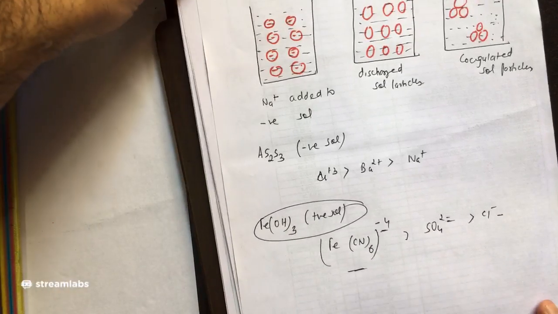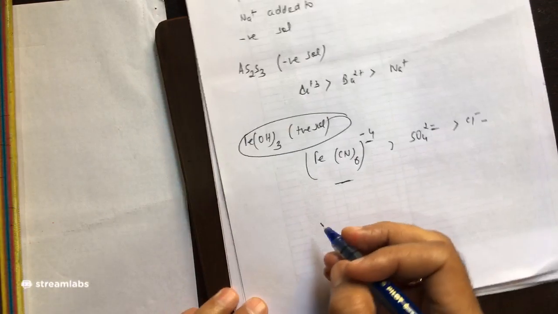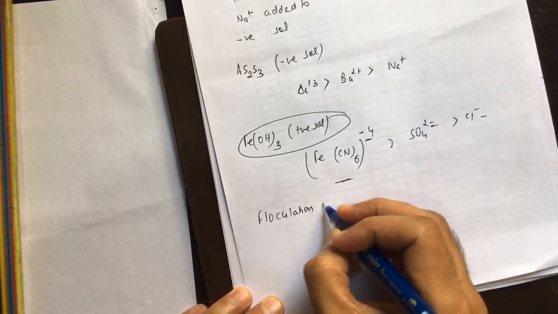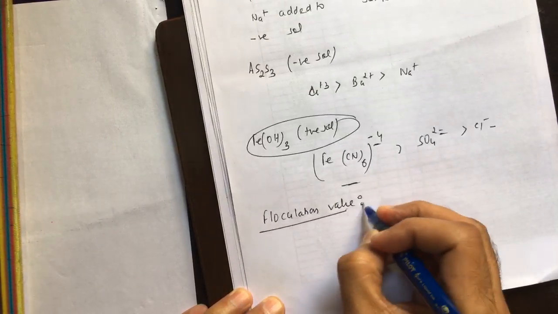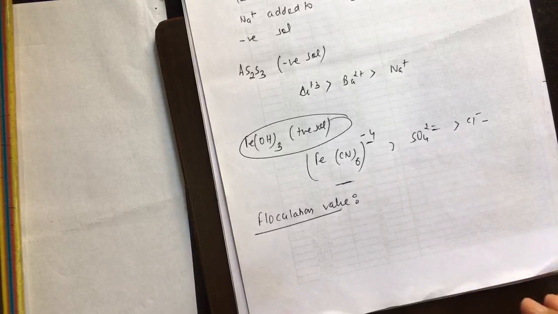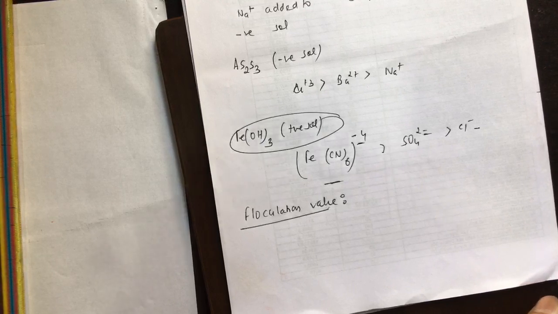Along with the Hardy and Schulze rule, there is one term called flocculation value. So remember, what is flocculation value? You just check and remember the definition. This is experimentally determined.